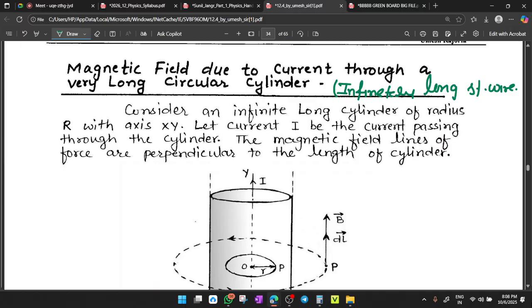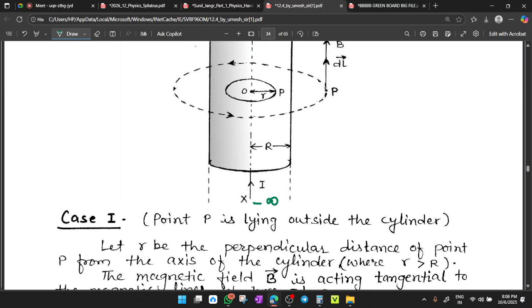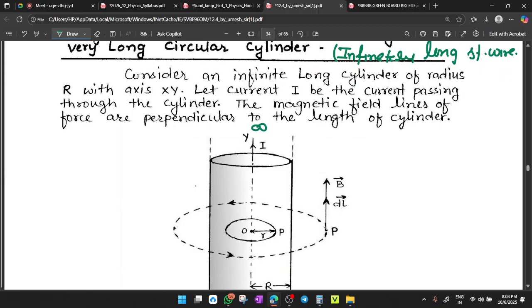Consider an infinitely long cylinder, extending to plus infinity upside and minus infinity downside. This is a very long conductor. Consider an infinitely long cylinder of radius capital R. Since it has a radius, it has some diameter, so obviously some thickness will be there, with axis XY, and let I be the current passing through the cylinder.